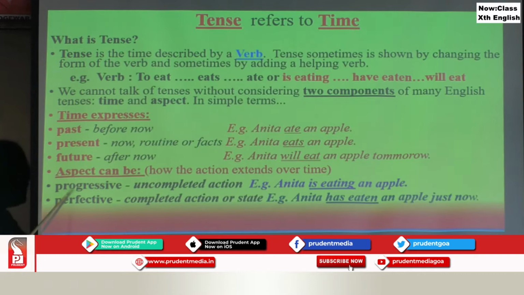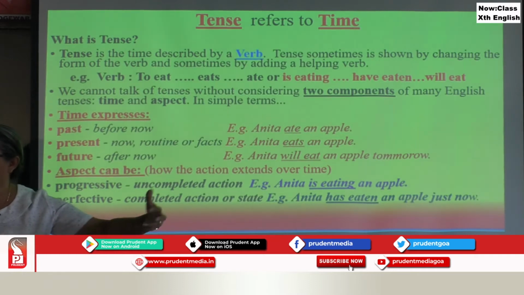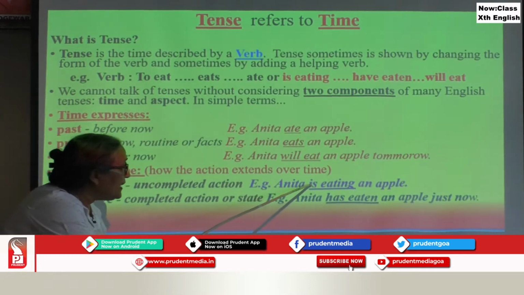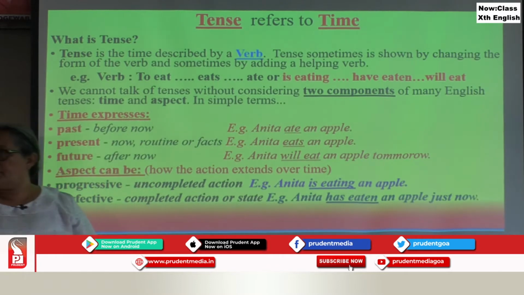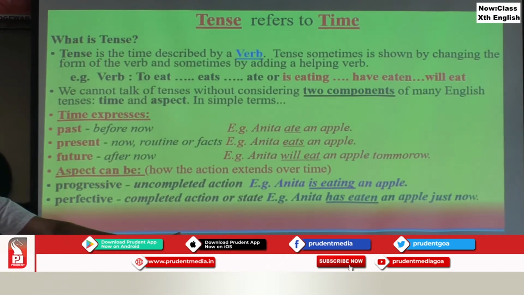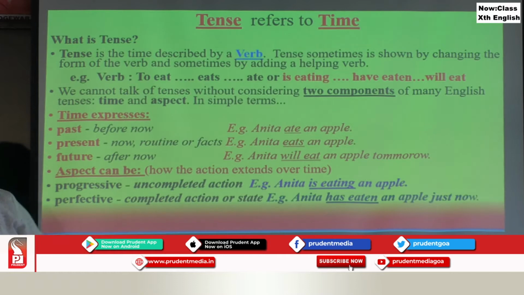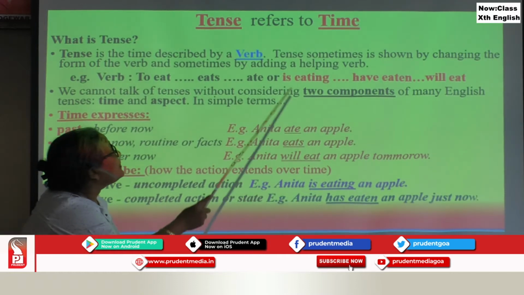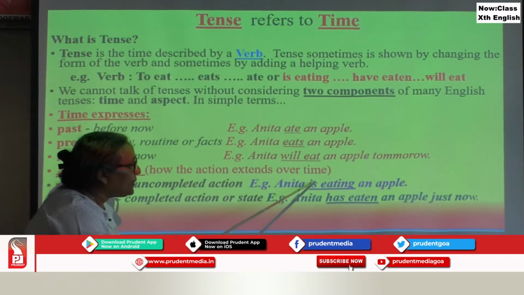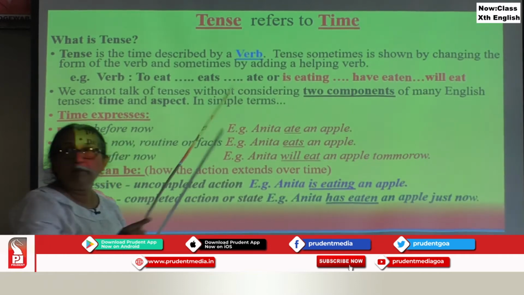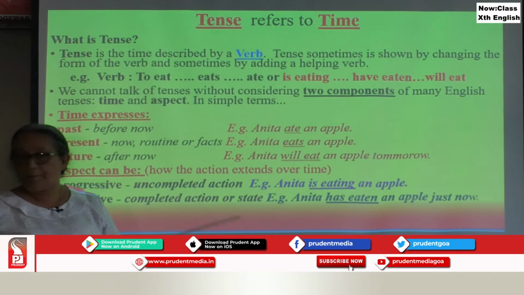Uncompleted action, I mean it is progressing, going on. Anita is eating an apple. She is not yet finished. The action is progressing. So I have used is eating with the helping verb. The helping verb is, and the main verb is eating.